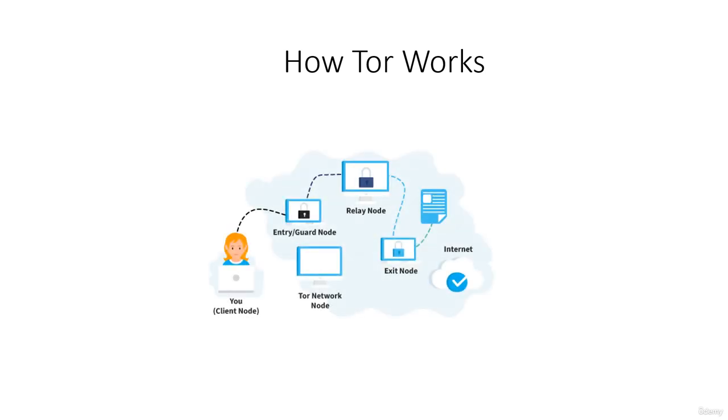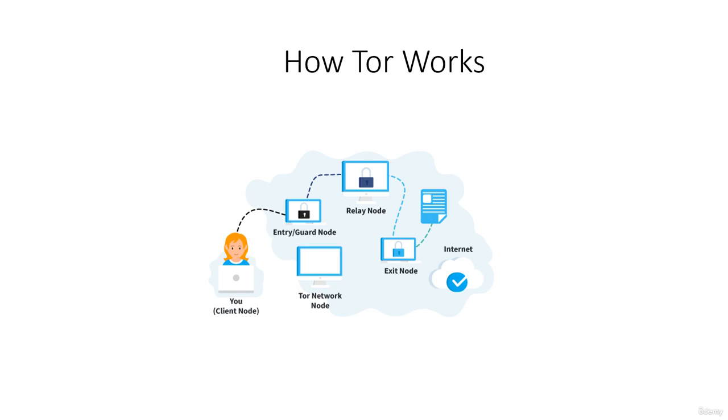Now, how does Tor work? To improve your online privacy and security, the browser makes use of Tor's vast worldwide server network to hide your IP and secure your connection. When using the Tor browser, your data goes through different Tor servers, or nodes.